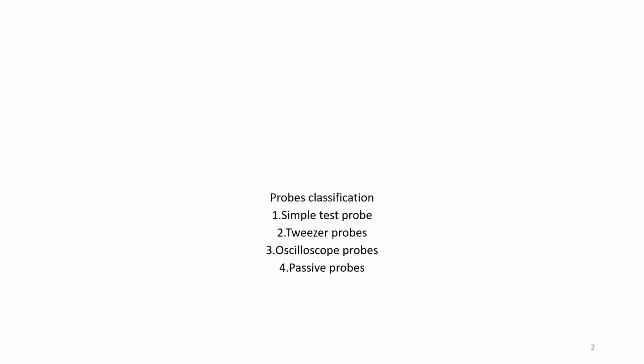Next, this is about the simple test probe which we ordinarily use in the laboratories along with the voltmeters to connect the voltmeter across the circuit component to measure the voltages. So as I told you, the probe thickness will be more than the ordinary wires which we use for connection, and also generally red color is used for the positive polarity and black color is used for connecting it to negative polarity. So this is about the simple test probe.